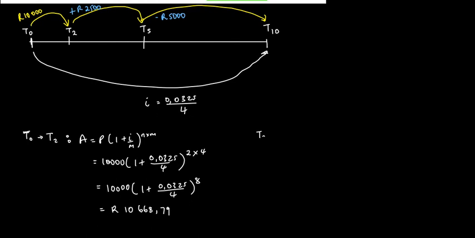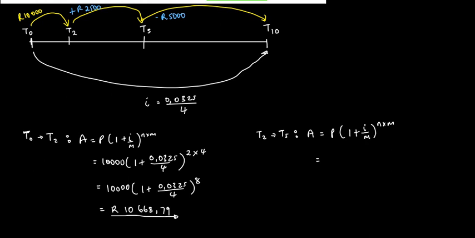T2 to T5, meaning from the 2nd year to the 5th year. You had A is equal to P into 1 plus I over M, N times M there. Now, the principal amount there, good people, you must be careful now. The principal amount now is this balance that he had plus the money that he put inside.